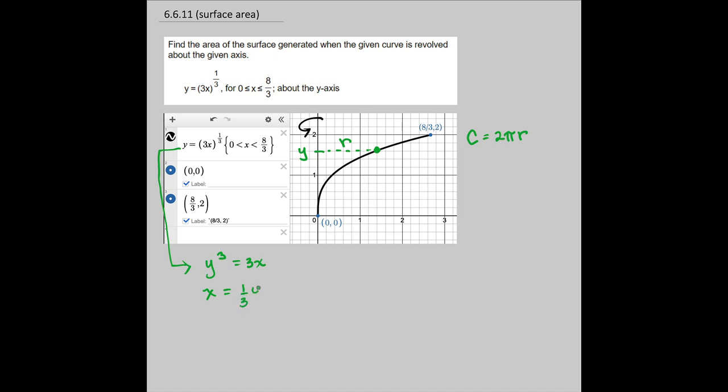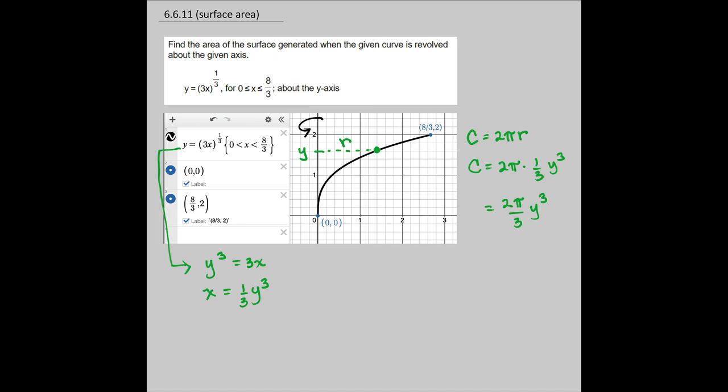So this gives us the function written as an x value, so it's measuring horizontally. That tells us that the circumference at that random y-coordinate is going to be 2 pi times 1/3 y cubed. So that circumference will be 2 pi divided by 3 multiplied by y cubed.